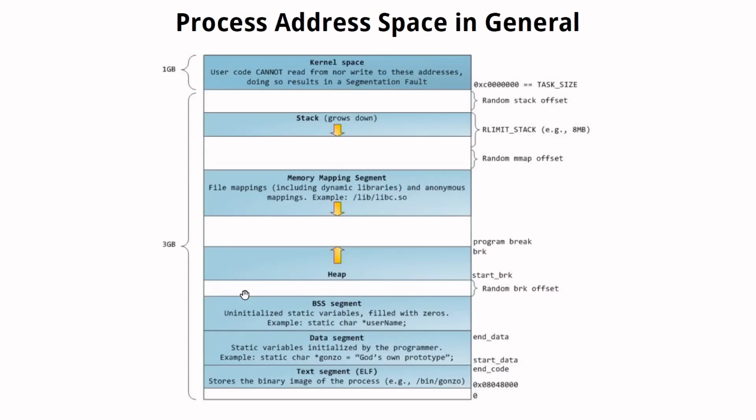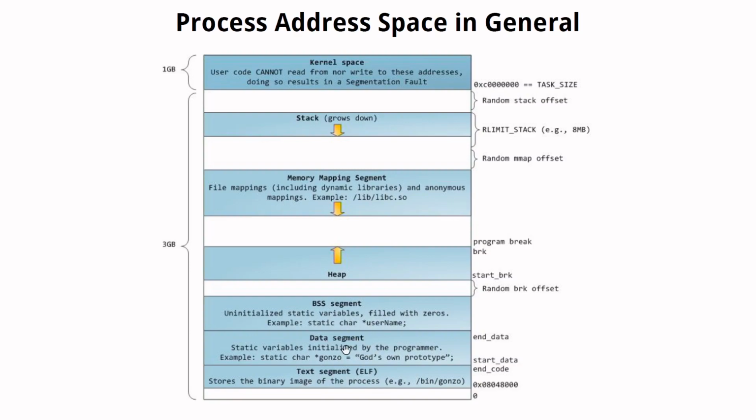this is the address space you saw at the very first class. This is a 32-bit machine for Linux. Usually the address space looks like this. At the very low memory addresses, we have the code itself.